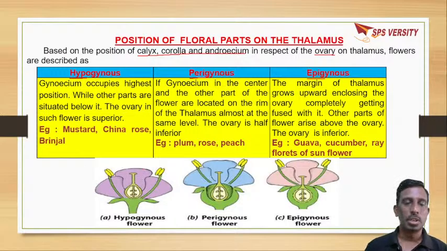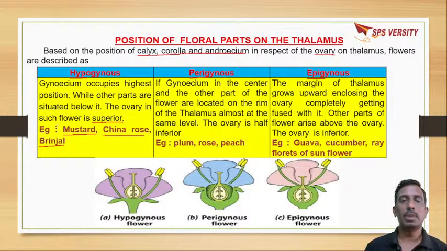Here the ovary is in the topmost position, that is, the ovary is superior. Mustard, China rose, brinjal, these all come under hypogynous arrangement.